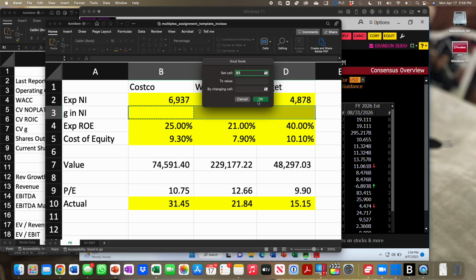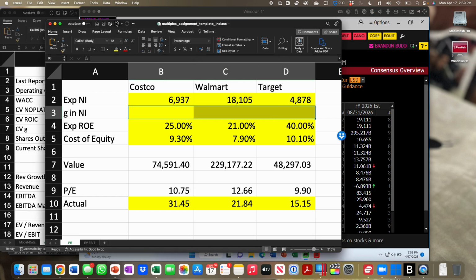Using those goal seeks, and I'll undo, these are the 3 Gs. Okay, so basically just solve for the G, because I now have my spreads, and I'm making the PE in our model match the PE in the real world. I've already been doing this with EV to EBIT.